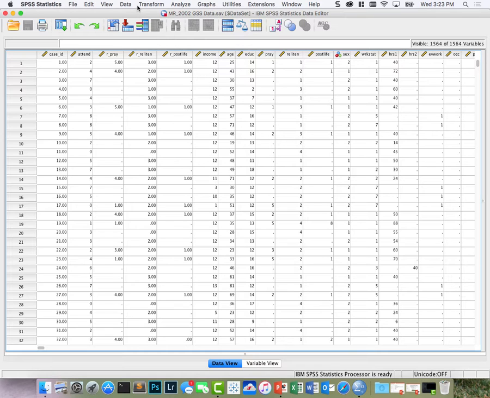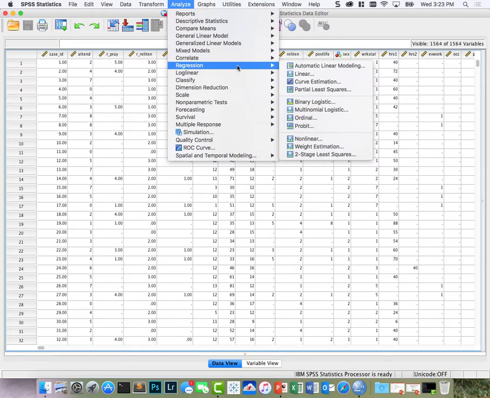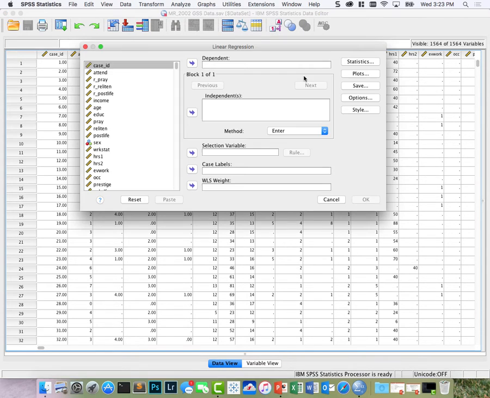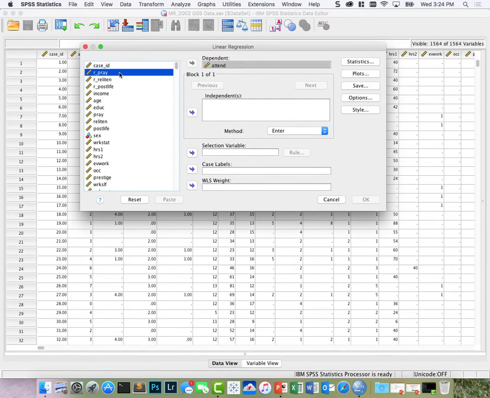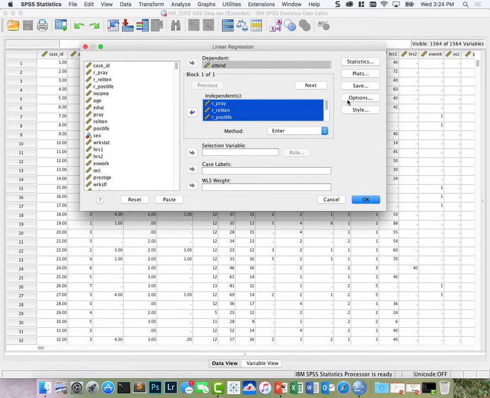So if we redo the analysis, we are doing linear regression. Our dependent variable is how often they attend religious service, and our independent variables are whether they pray, strength of affiliation, belief in life after death, education, age, and income. I'm going to put all of those in there.